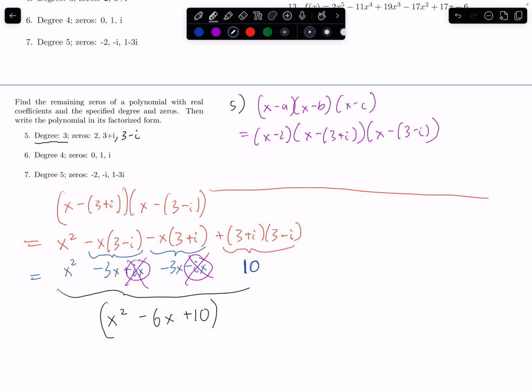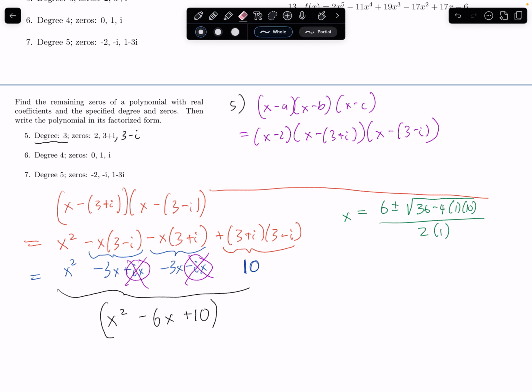And the solutions to this quadratic term are 3 plus i, 3 minus i. Just for this first time, I'm going to prove it to you using the quadratic formula. This is not necessary work. I just want to show you how this actually plays out. So what would be the solutions for this quadratic expression here? It'll be negative b, which is 6, plus or minus the square root of b squared, 36, minus 4ac, all over 2a, right?